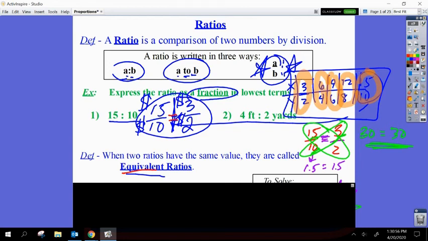If you divide and get different numbers, they're not the same relationship. If on one of them you get 1.5 and another one you get 1.5, you at least know that those two are equivalent. In this situation, when you divide, you get the same number for all of them, which means the entire thing is a proportional relationship.